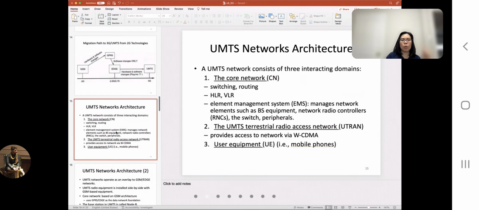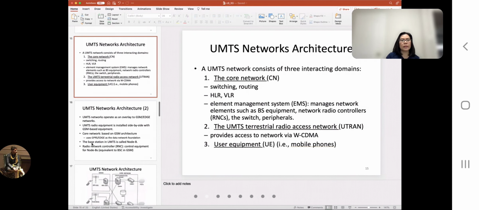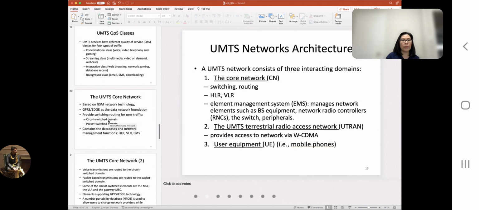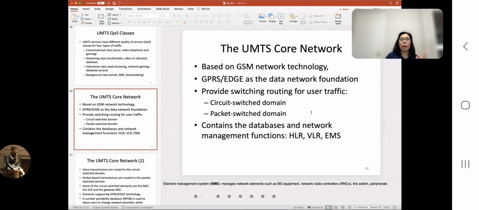Remember, we said we have the core network, we have the UTRAN, and then we have user equipment. Okay, so now we'll talk about the core network. The core network, again, is based on GSM technology, and they use GPRS and EDGE as the data network foundation.